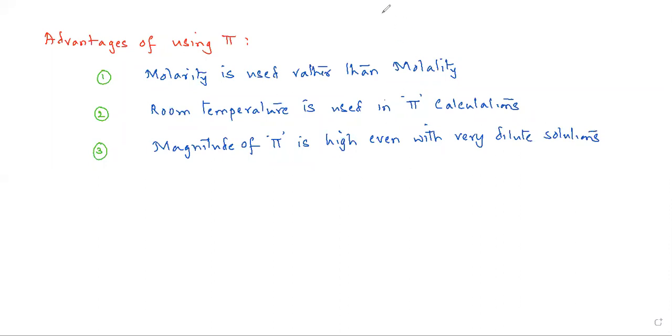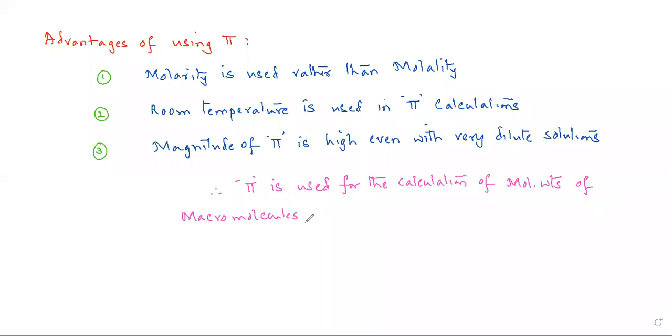This is the reason why we generally use pi for the calculation of molecular weights of macromolecules. Macro means big. Macromolecules like the polymers, protein. Okay.